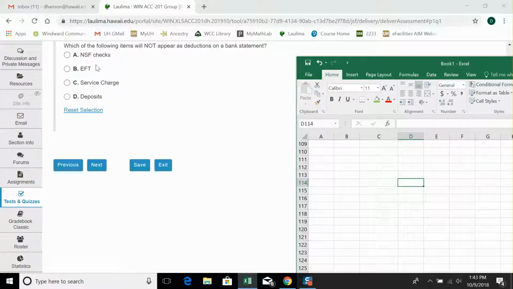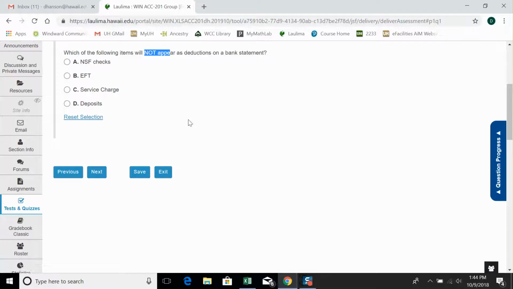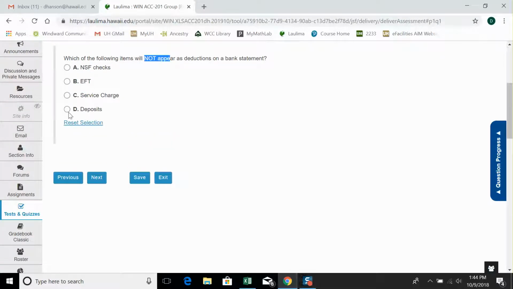NSF checks, non-sufficient fund checks, would show as a deduction. Electronic funds transfer, EFT, would show as a deduction if they were transfers out. Service charges are also deductions because the bank charges your account and takes the money right out of your account for that service charge. Now deposits would not show as deductions. Remember, this is asking us which will not, because deposits would actually increase your account balance. So that's the one I'm going to choose.